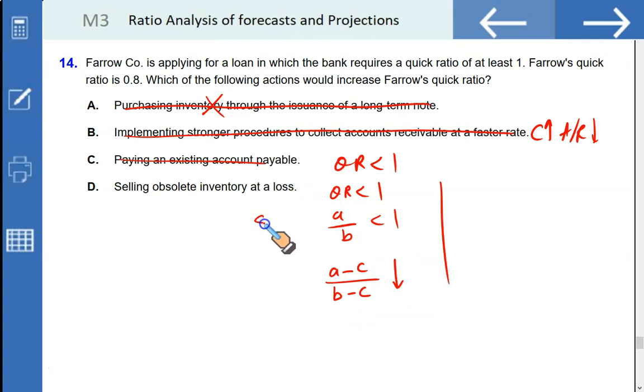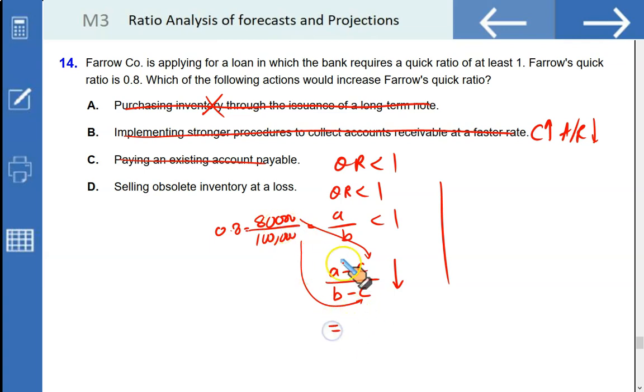Now let us say, right now 80,000 is our quick assets and 100,000 is our current liabilities. So the ratio is 0.8, which is clearly less than 1. Now if you decide to pay our existing accounts payable, let's say our accounts payable is 50,000, that means 50,000 will be removed from the numerator, from cash, and 50,000 will be removed from the denominator as a reduction in accounts payable.